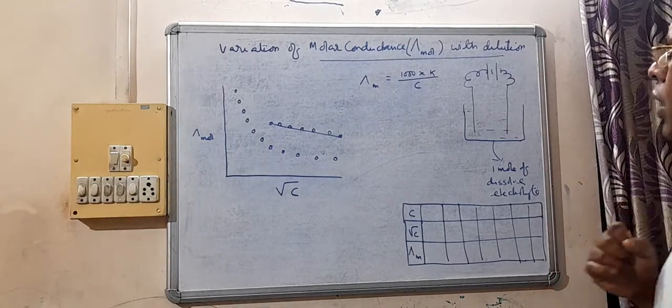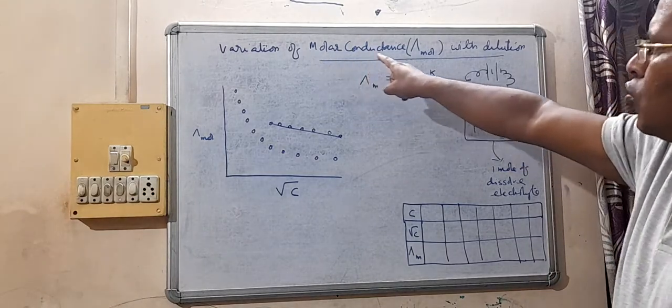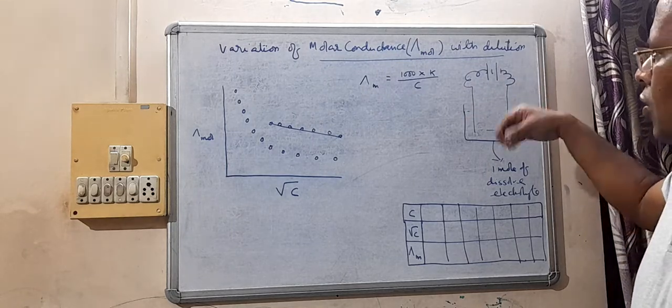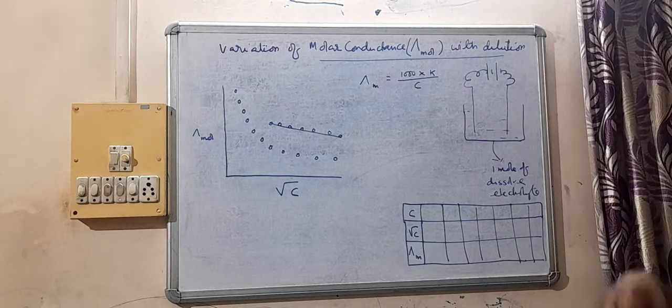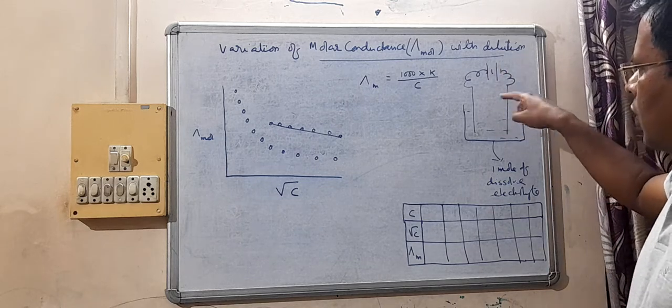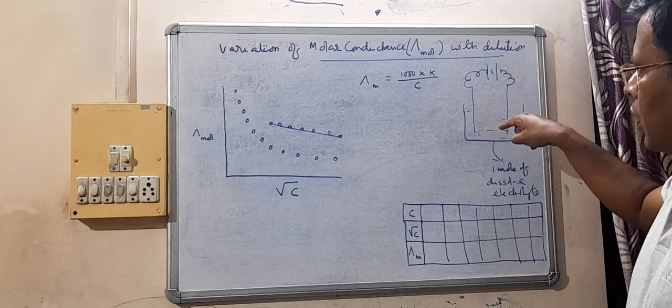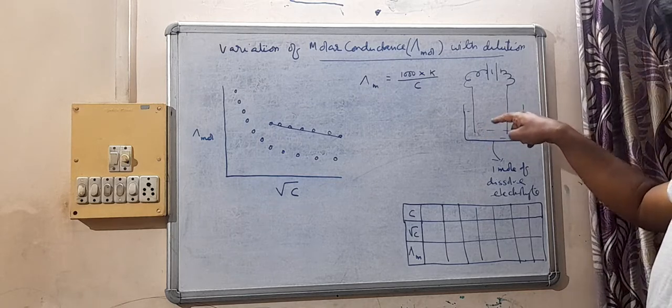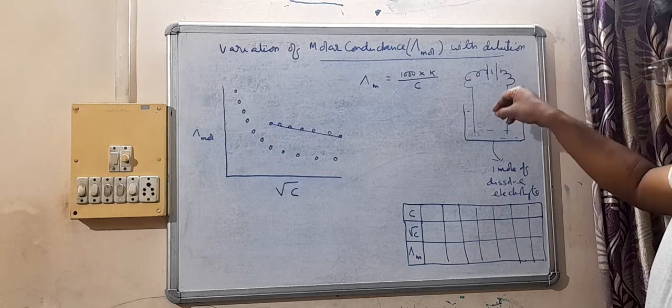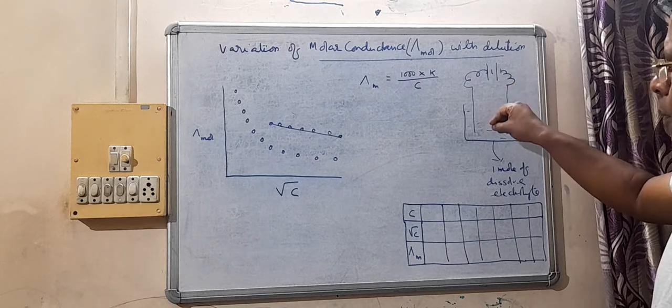So here, variation of molar conductance with dilution. What happens on dilution, that we are going to study here. Dilution means, suppose we have here a certain solution. Suppose we have here 1 mole of dissolved electrolyte and we are gradually adding water here.